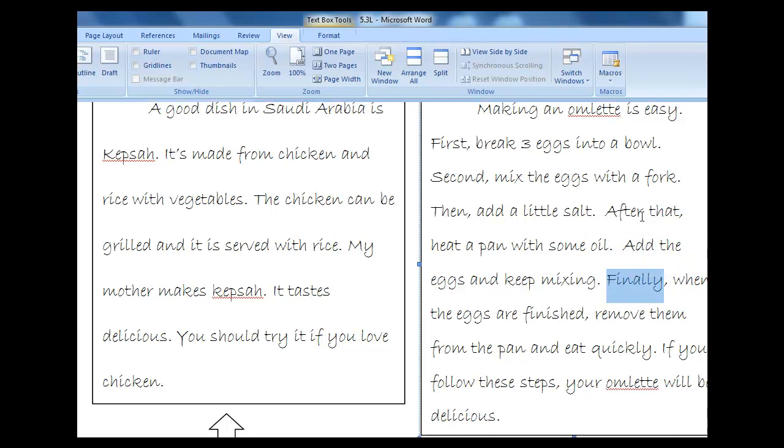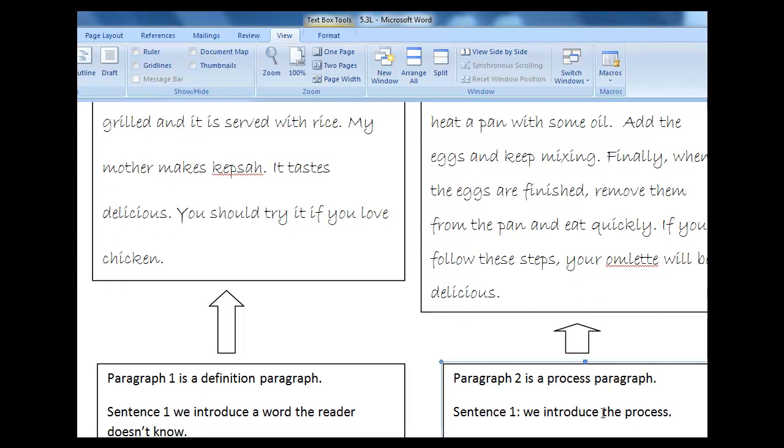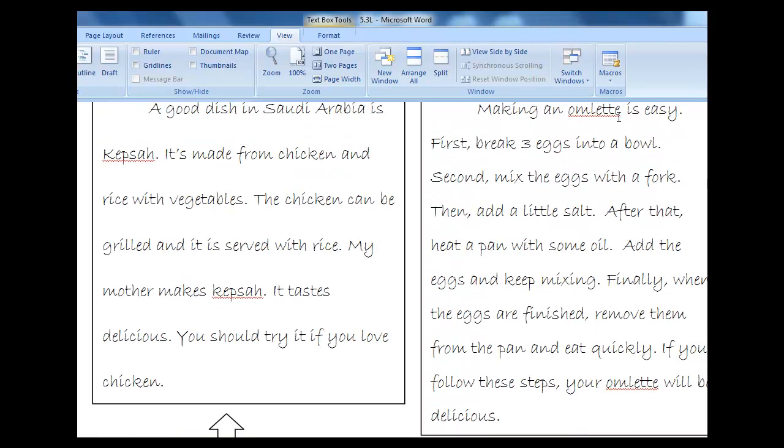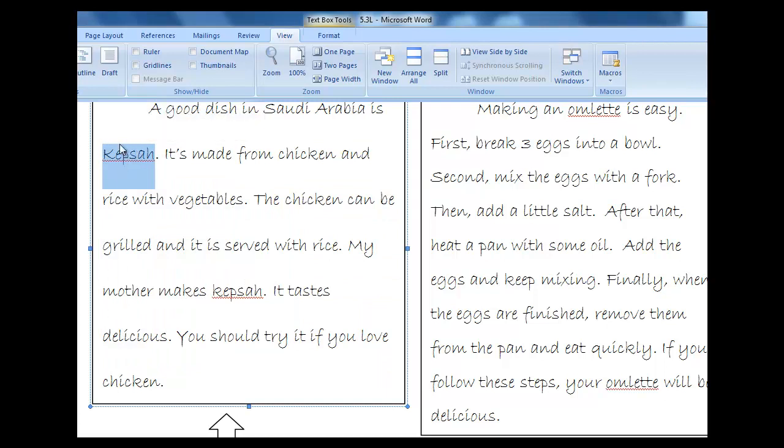So here, our first sentence introduces the word. Here, our first sentence tells us what the process is. What are we doing? What are we making?